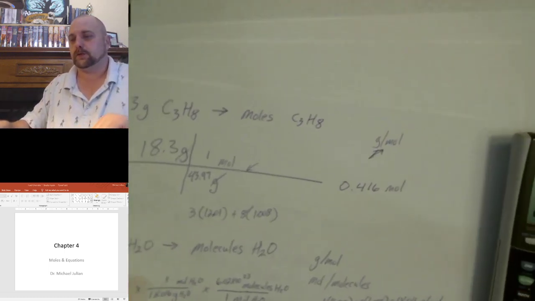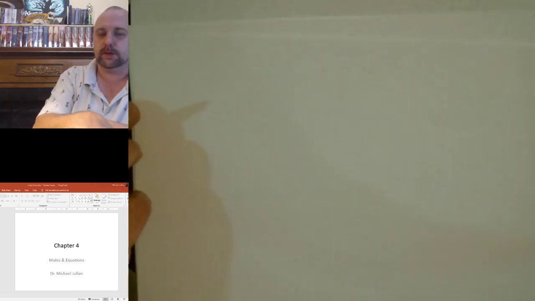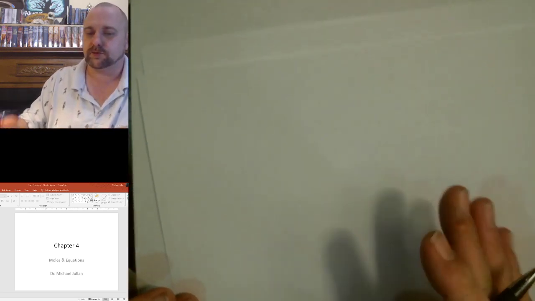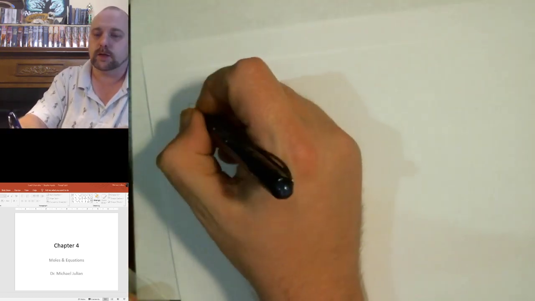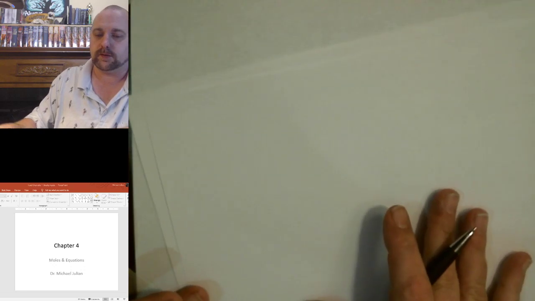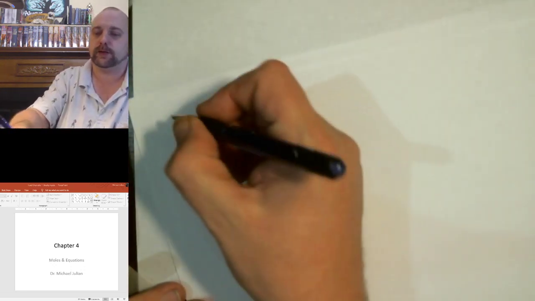Alright. So one last conversion factor that comes up in this first lab and first set of practice is also this idea of the chemical formula giving you the mole to mole relationship.